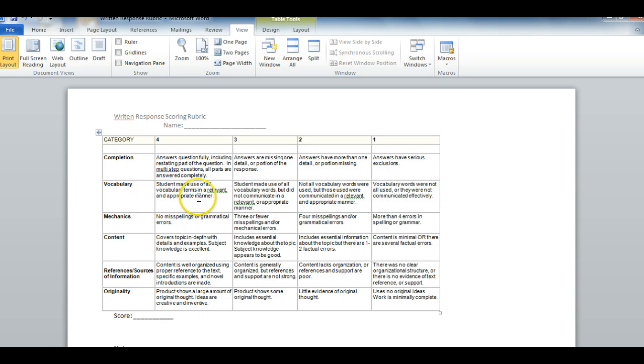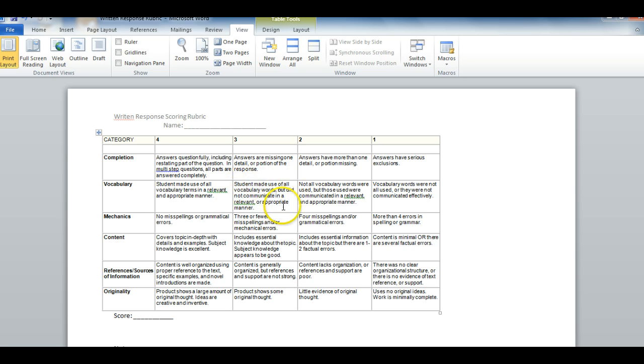Vocabulary: if I ask you to use certain vocabulary, I expect to see every single vocabulary word used. Now, that doesn't mean you just scatter the words throughout the assignment. What I asked is for you to show understanding of the words, okay? So it says, student made use of all vocabulary terms in a relevant and appropriate manner. That means you were able to show understanding of the words.